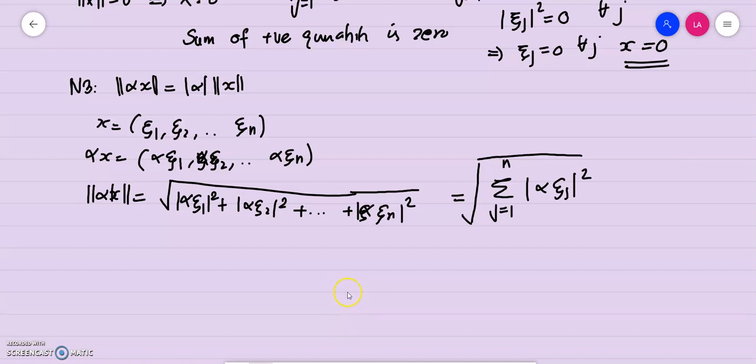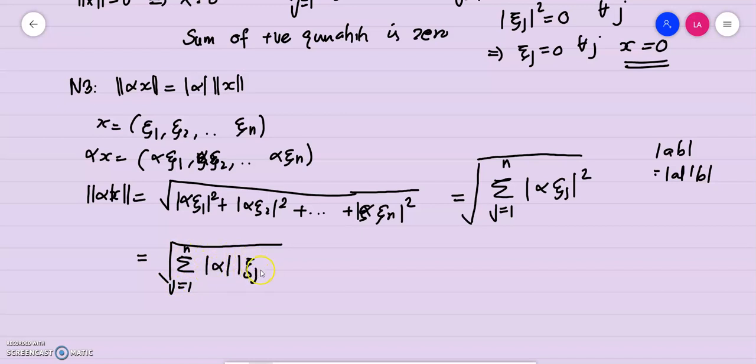Now, modulus of AB can be written as modulus of A into modulus of B. So this can be written as square root of summation j equal to 1 to n of modulus of alpha into modulus of theta j, the whole square.